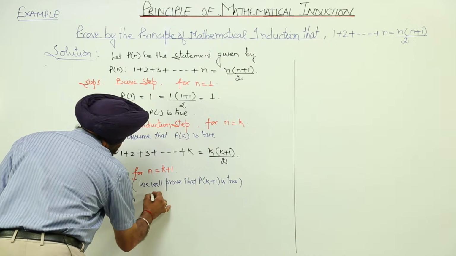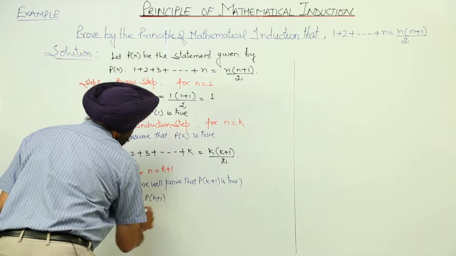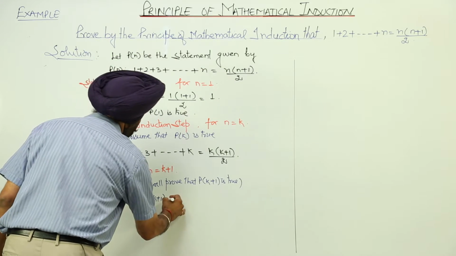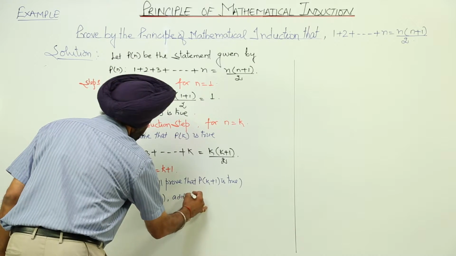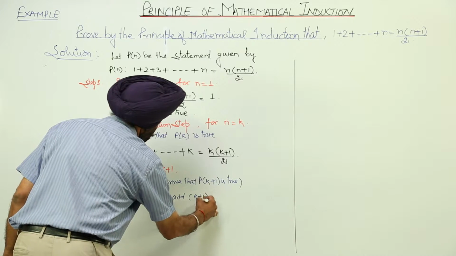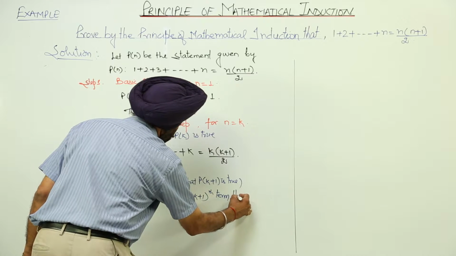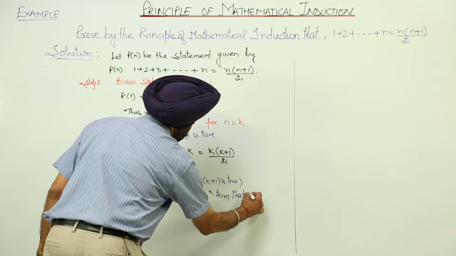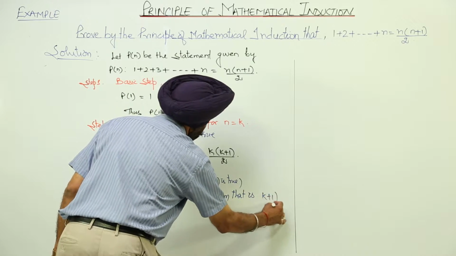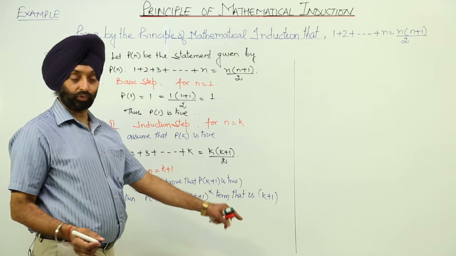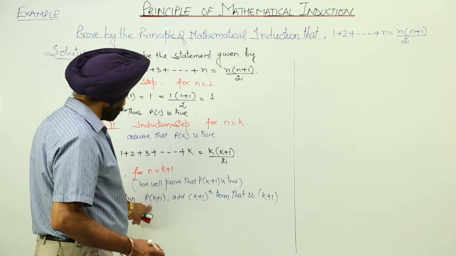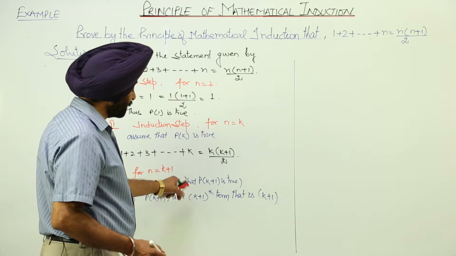To obtain P(k plus 1), add the (k plus 1)th term, that is k plus 1. In our question it is k plus 1. Okay. So, to obtain P(k plus 1), add the (k plus 1)th term.